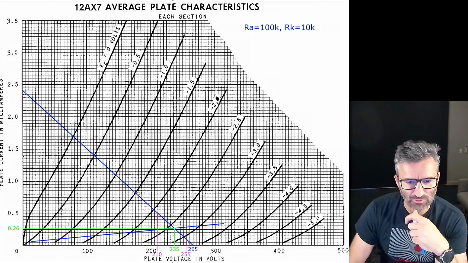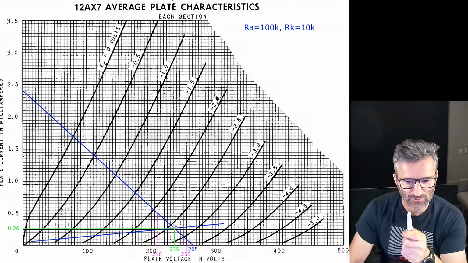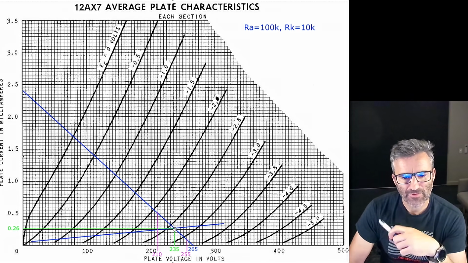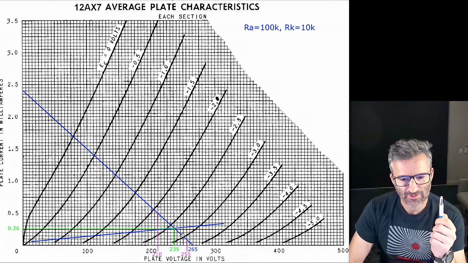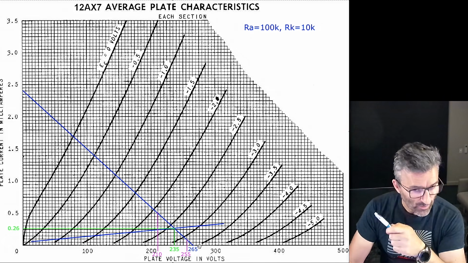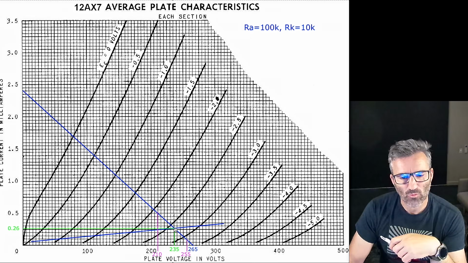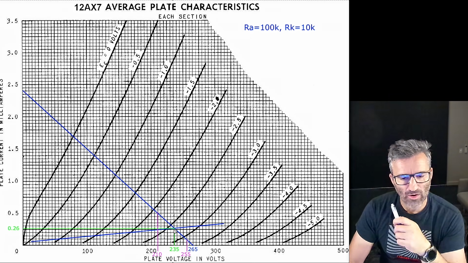When you cold bias this thing with a 10K cathode, you're pushing the operating point, or the bias point at idle, way over here. This thing's got hardly any room to move. It's got a lot of room to move on this side, but not much here, right? So it doesn't take much to push this thing into cutoff, but only on one side. Think about our scenario here of 1 volt peak to peak input on the grid.